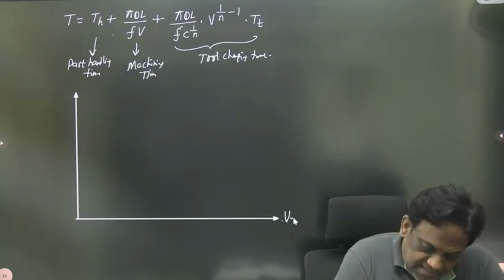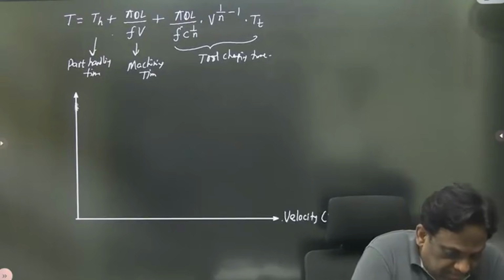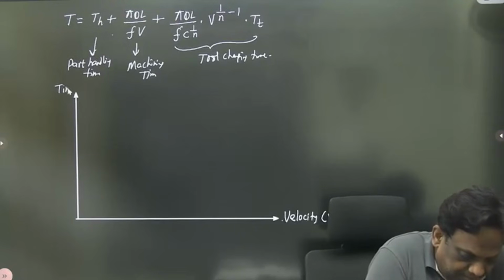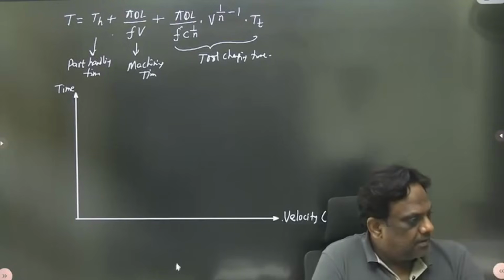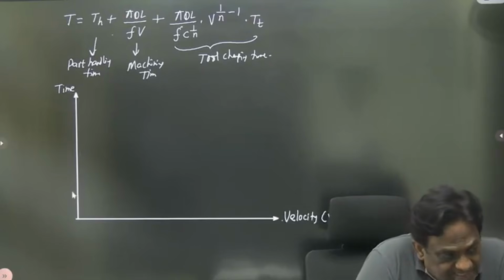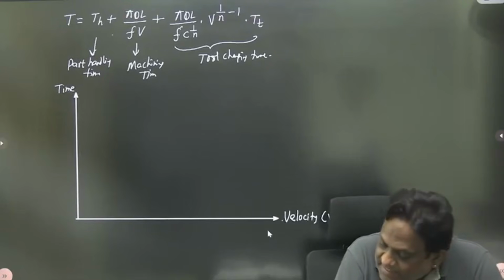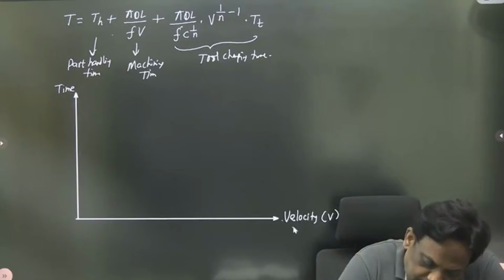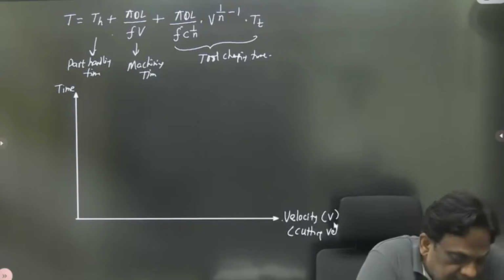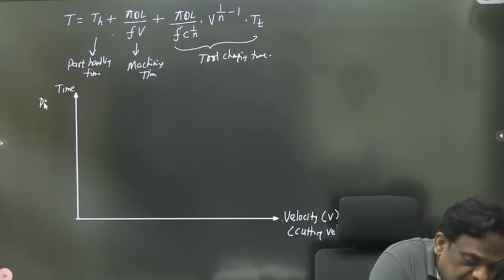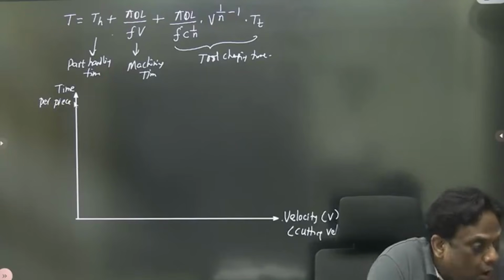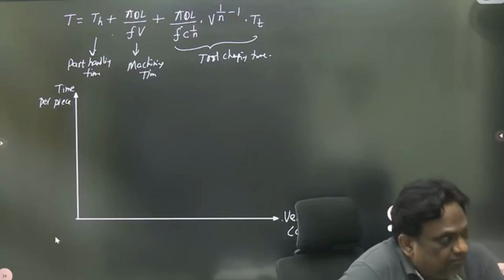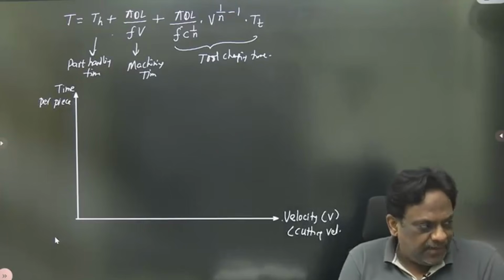On this axis I am taking cutting velocity and on this axis I am taking time. On y axis I am taking time and on x axis I am taking the cutting speed. इसको लिखेंगे cutting velocity and this is time per piece. याद रखना सर, all calculations are per piece.